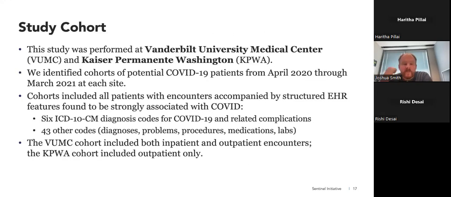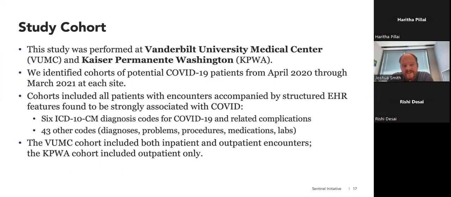The study was performed at Vanderbilt University Medical Center and Kaiser Permanente Washington. We first identified cohorts of potential COVID-19 patients from April 2020 through March 2021 at each site, so 1 year of data early in the pandemic. Cohorts included all patients with encounters accompanied by structured EHR data that were found to be strongly associated with COVID-19.